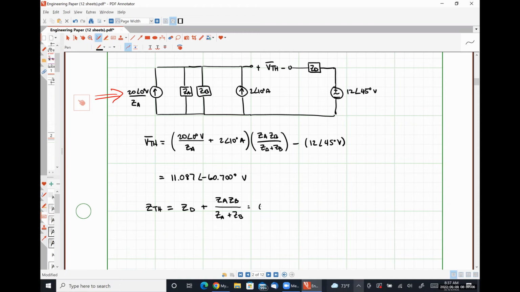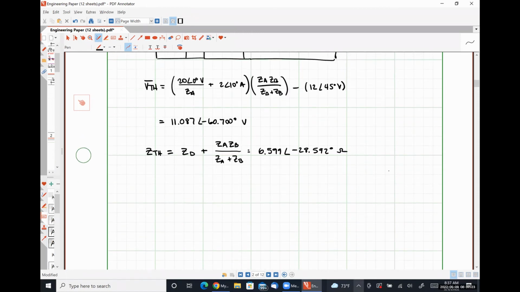Which I get to be 6.599 angle of negative 28.592 degrees ohms. And from here, we can replace all of that messiness with the following circuit.